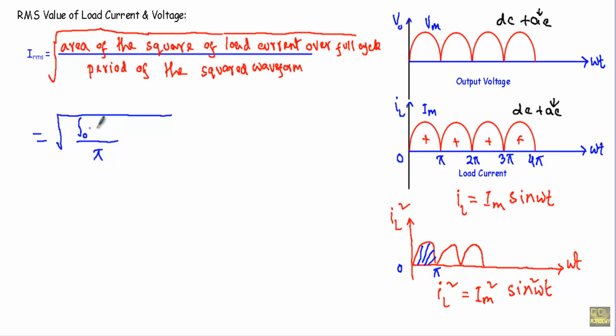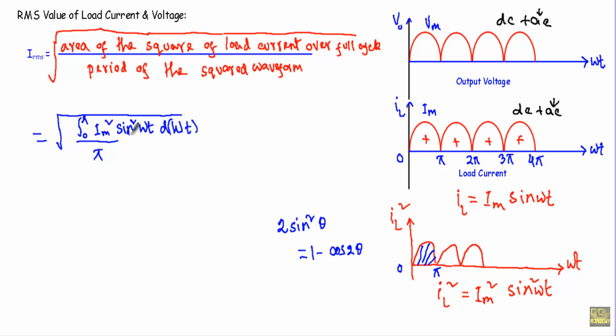0 to pi, Im square sin square omega t d omega t. We will integrate it with respect to d omega t. Now we know that we cannot integrate sin square omega t directly. We know another form of sin square omega t. Let's say 2 sin square theta can be written as 1 minus cos 2 theta.